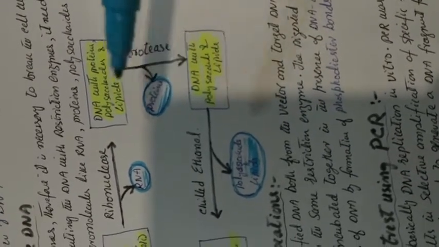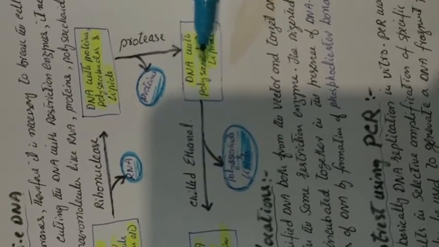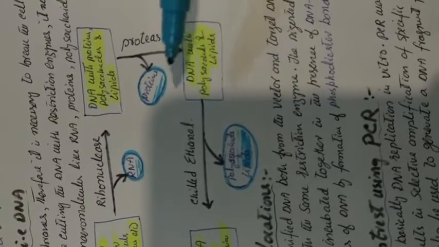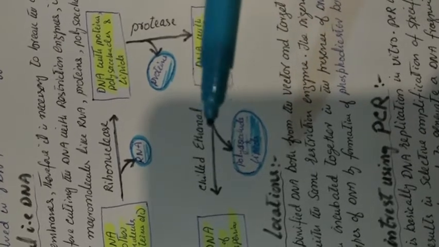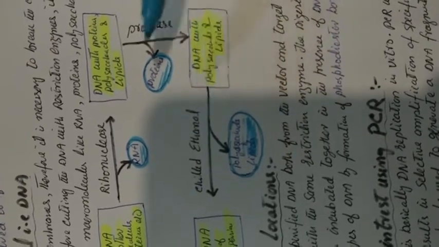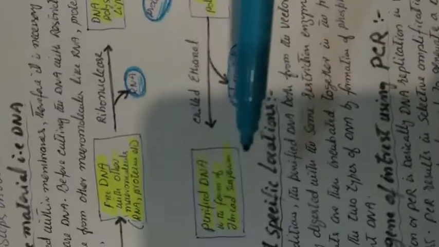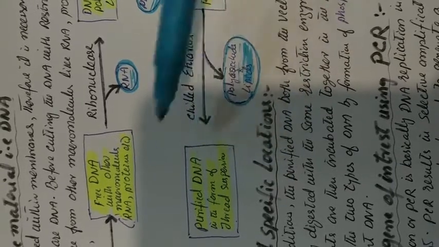Thus, we get a suspension which contains only DNA with polysaccharides and lipids. In the final step, we treat this suspension with chilled ethanol that removes polysaccharides and lipids, and in this way we get purified DNA in the form of a thread suspension.